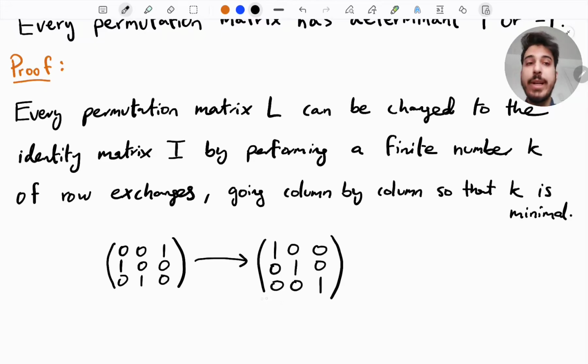And we know for a fact that the determinant of the identity matrix is equal to 1. And we know that row operations serve only to change the sign of the determinant each time a row exchange is made.